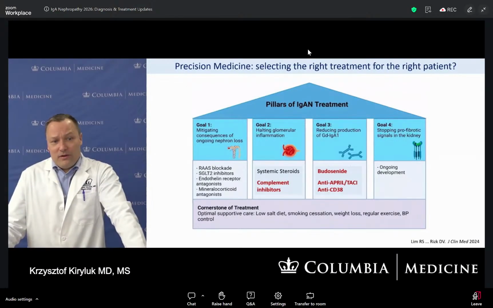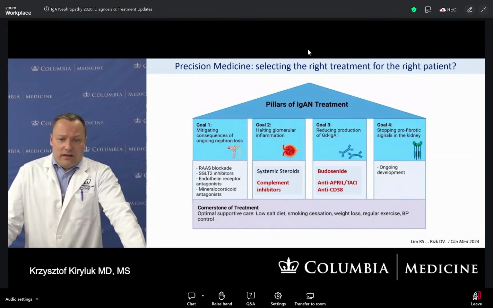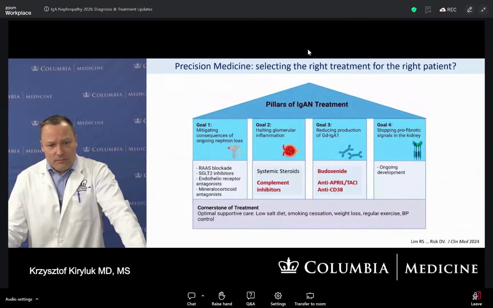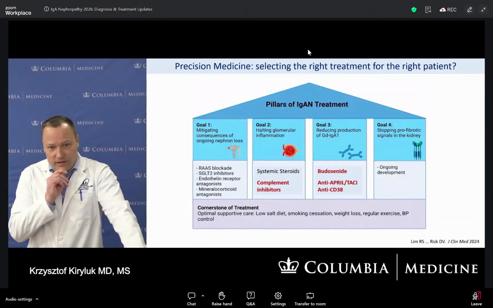Now we have a lot of new medications, some of them renoprotective, some of them helping glomerular inflammation, complement inhibitors, some of them reducing production of gal-deficient IgA1, inhibiting the APRIL-TACI pathway, and some other medications that are still in clinical trials. And I think the big question that some other speakers in this series will try to answer is how to select the right treatment for the right patient.